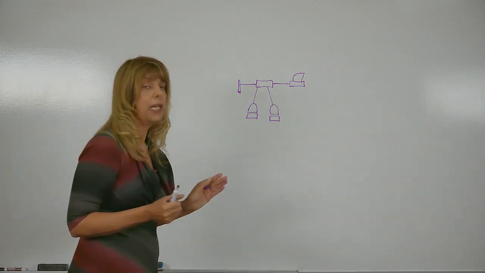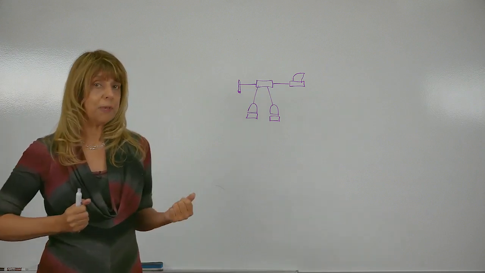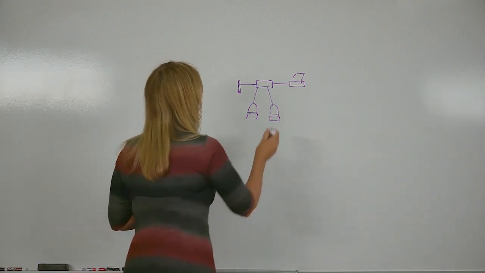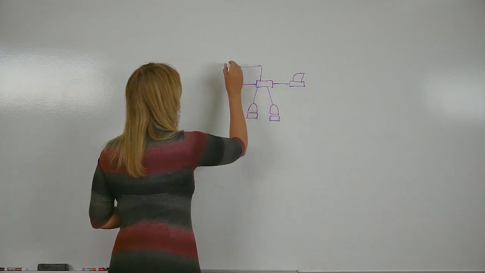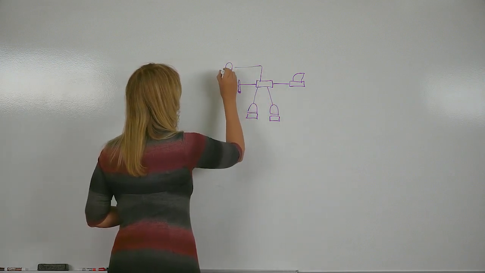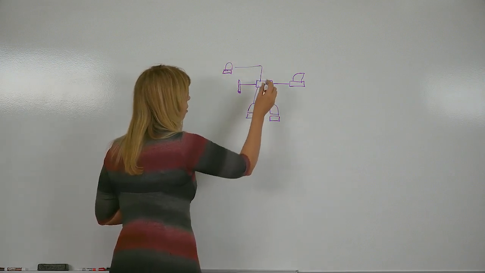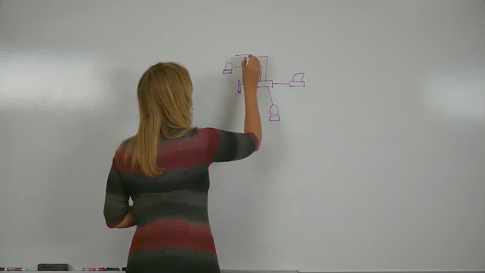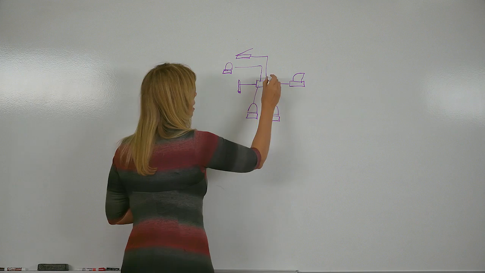But imagine that you began a home-based business. Your network would then need to grow. You might need some additional devices, some additional workstations. You might need some additional things like scanners and printers. So I might have a scanner out here and maybe another printer.